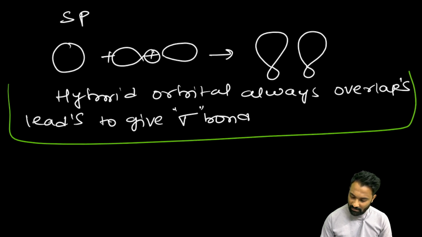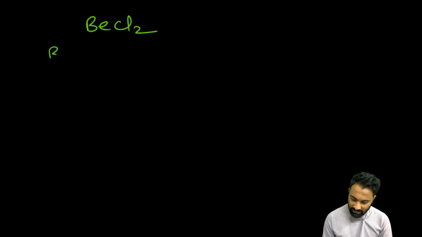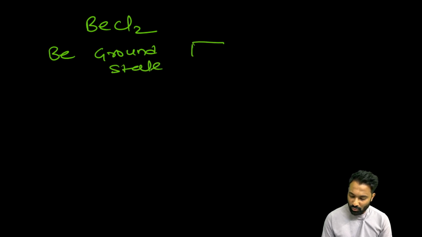When the s and p orbitals intermix, they give new hybridized orbitals, and these new hybridized orbitals overlap to give the sigma bond only. The best example for sp hybridization is BeCl2. The beryllium ground state valence electronic configuration is 2s2.